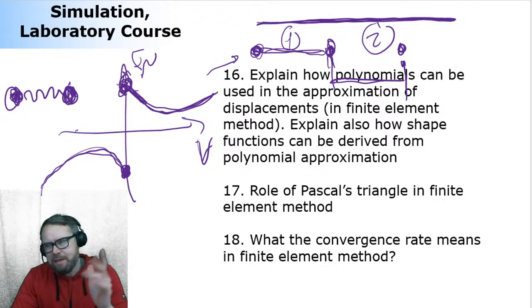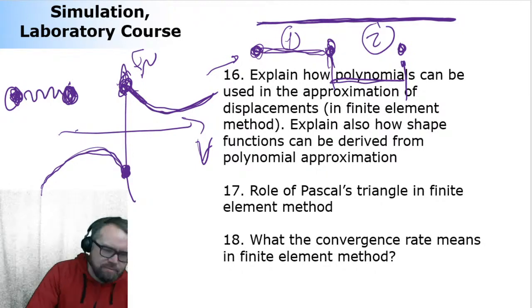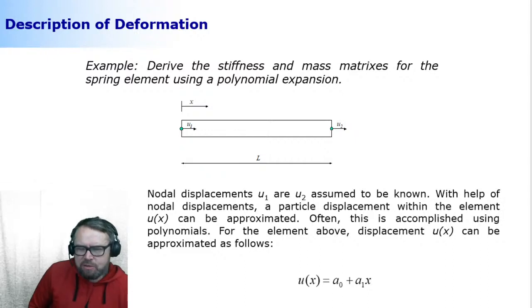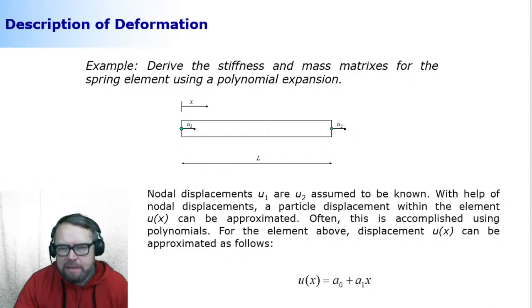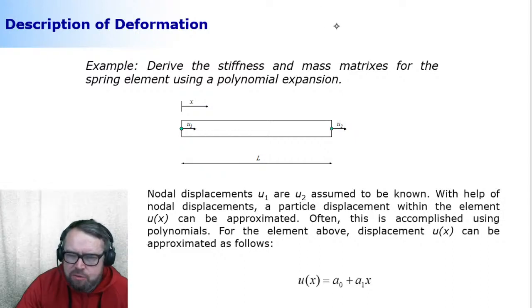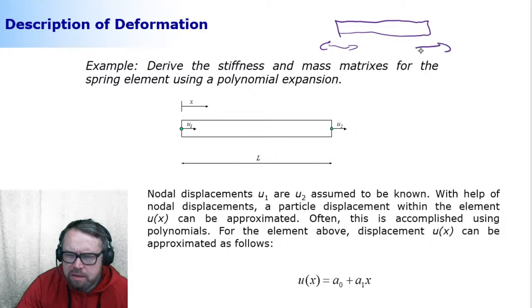All right, let me show you an example. So here is a spring element. This is a beam-like structure, but a very special beam-like structure in a way that it has only longitudinal degrees of freedom. So there are two nodes, but the nodes cannot move any other way than back and forth along this x coordinate axis.